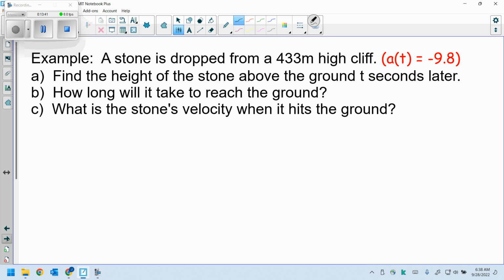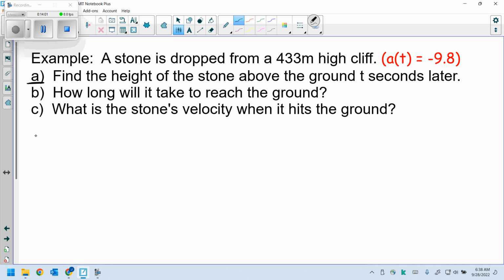So that's a constant, A of t, negative 9.8 in this problem. We're dropping this stone from a 433 meter high cliff. And that is acceleration. We would like, in part A, a position function.